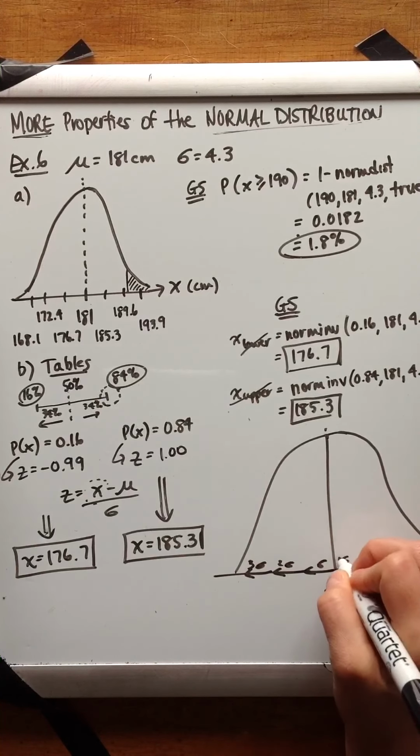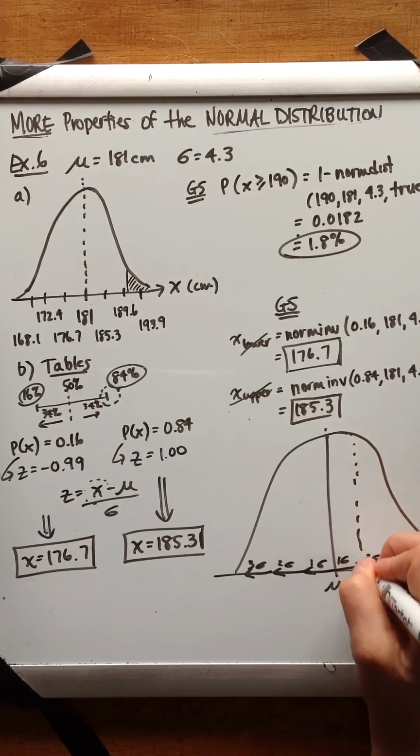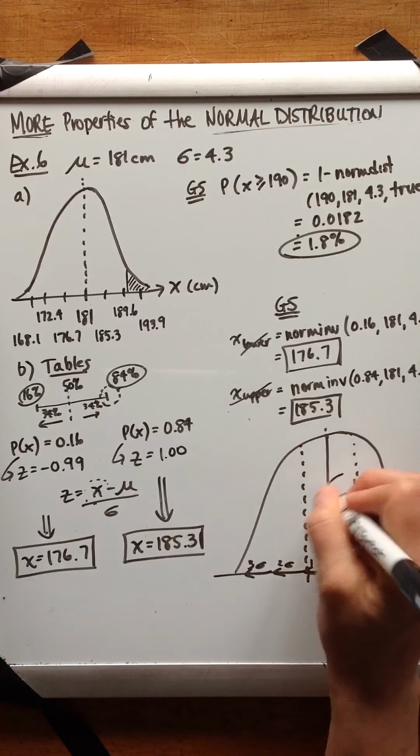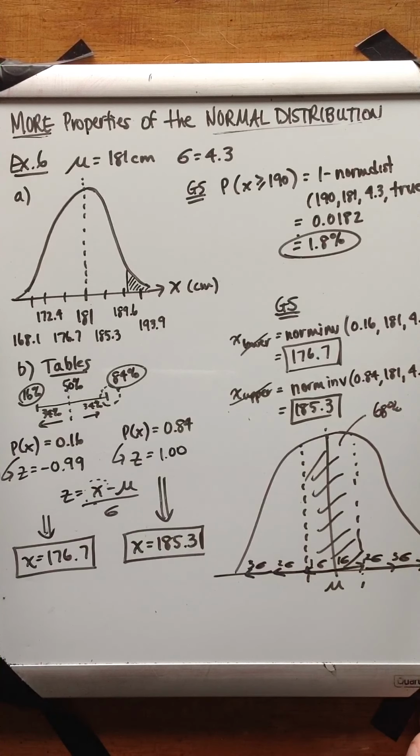You may remember that one standard deviation on either side of the mean resulted in 68% of all data points being within that range. The next one was 95 and then 99.7.